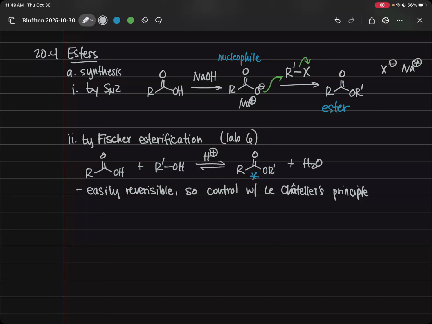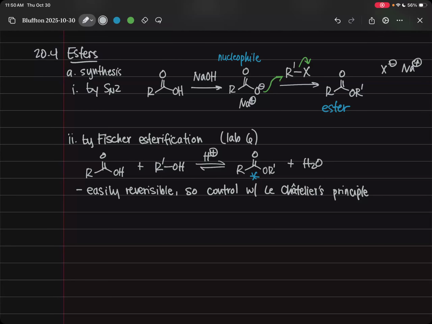Well, we can add more of the carboxylic acid. We could add more of the alcohol. We could change the amount of catalyst, but it's not going to be useful. That's a common wrong answer. The reason is the catalyst is only there to speed up the reaction.